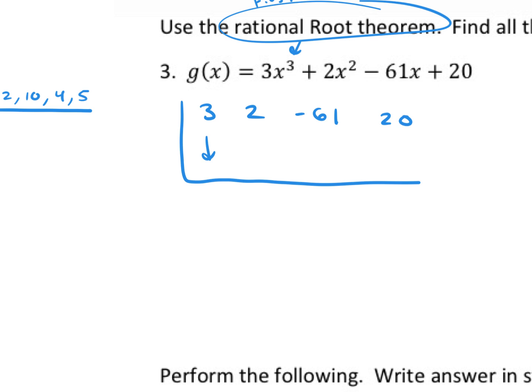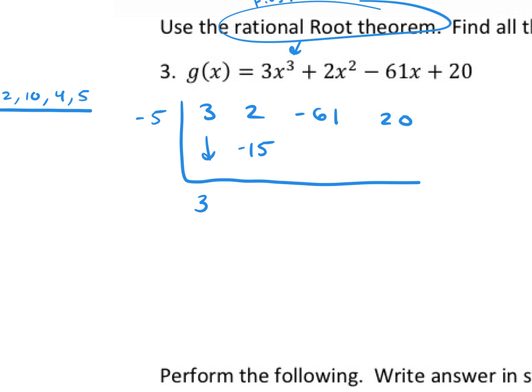Not going to work. Let's try negative 3. Nope, negative 3 is not even a possibility. Let's try negative 4. So then negative 12, negative 10. This would be 40. When we add, we get negative 21. Doesn't work. Let's try negative 5.